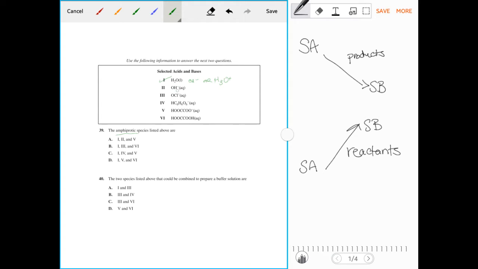However, this can't donate another hydrogen, or it doesn't like to donate another hydrogen. Also, we know that our hydroxide base is our strongest possible base. So this oxygen wants to hold on to this hydrogen more than any other entity that we know of. So this one is not going to want to donate that hydrogen, and we're just going to put a line through it.